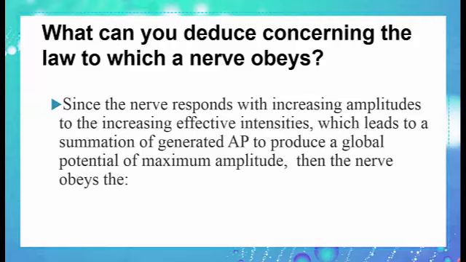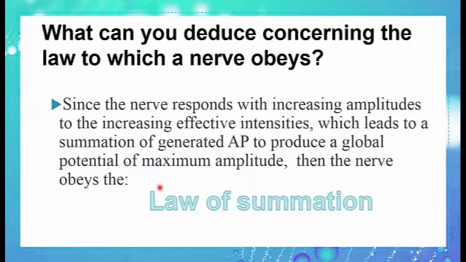Since the nerve responds with increasing amplitude to the increasing effective intensities, which leads to a summation, which means the sum of generated action potentials to produce a global potential of maximum amplitude, the nerve obeys the law of summation, because we add the generated action potentials to produce a global potential of maximum amplitude.